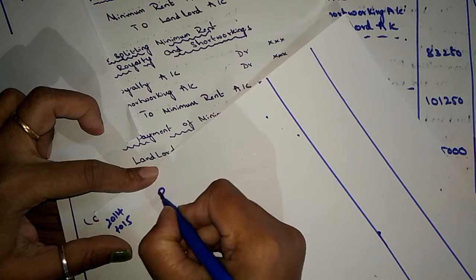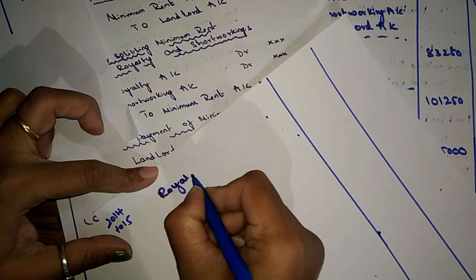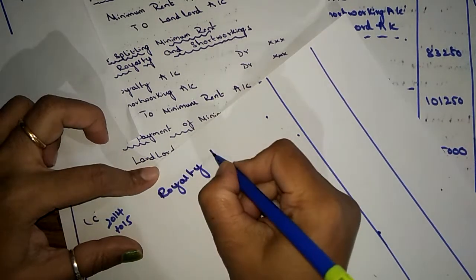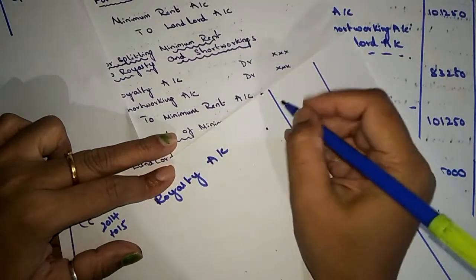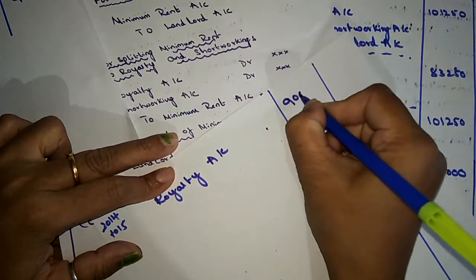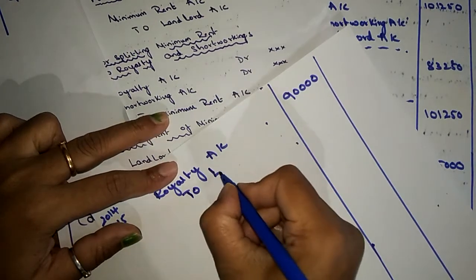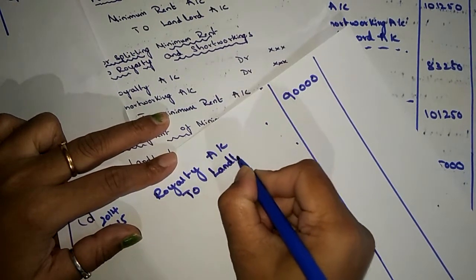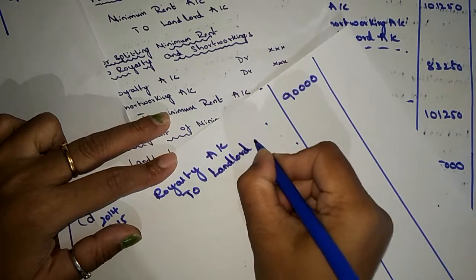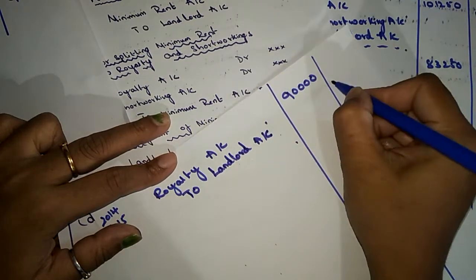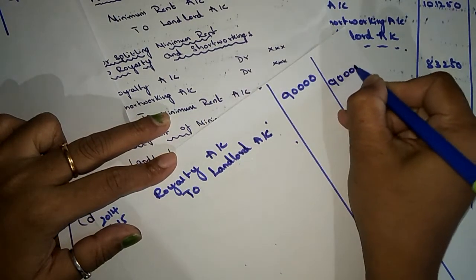So royalty account, how much is it? 90,000 to landlord account. Here landlord means Sriram. It's 90,000. Okay.